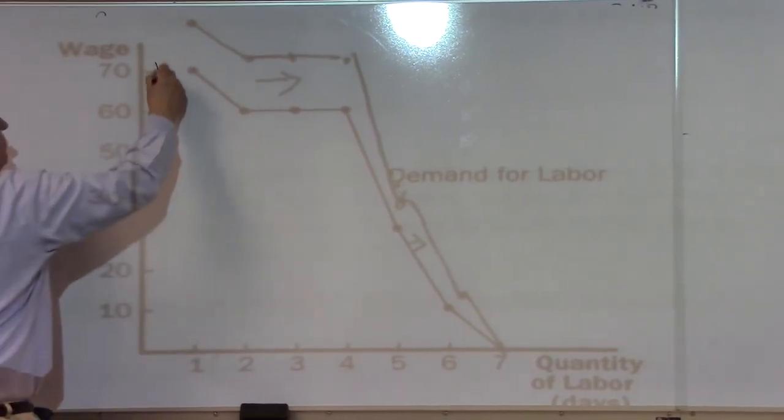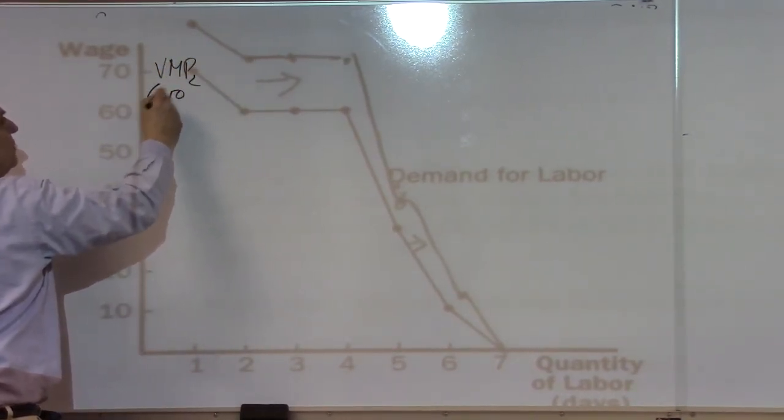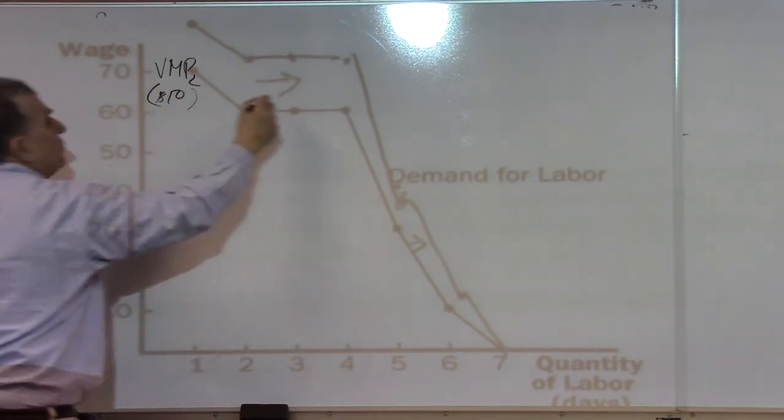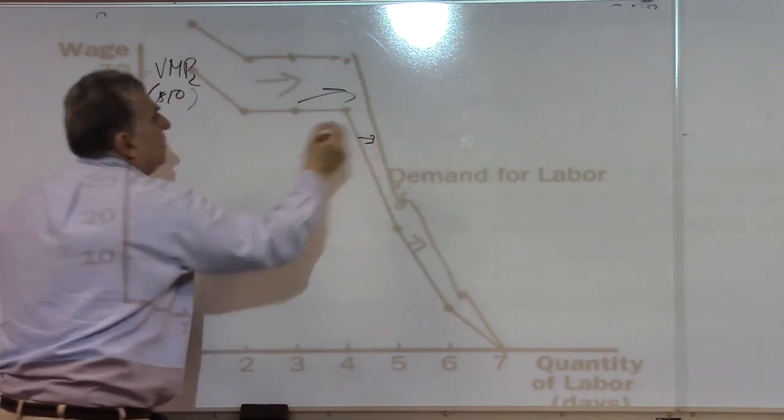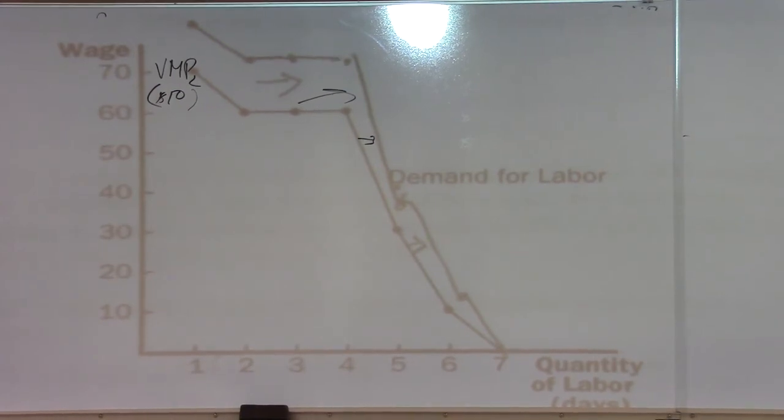This is the original value of marginal product when the price was $10. If the price goes up to $12, the curve shifts to the right. That's saying the demand for labor has increased because the price of the output has gone up.